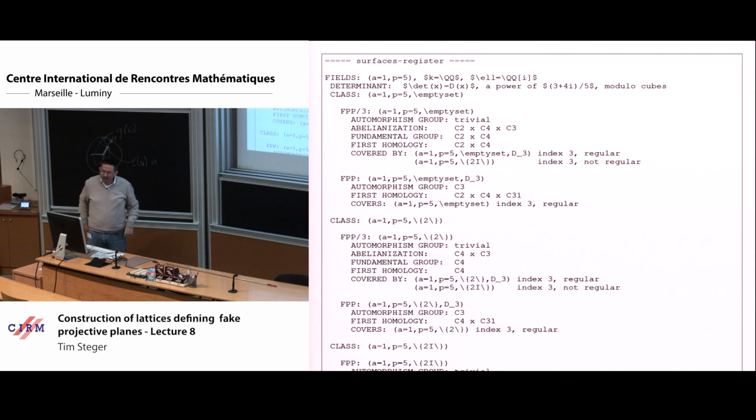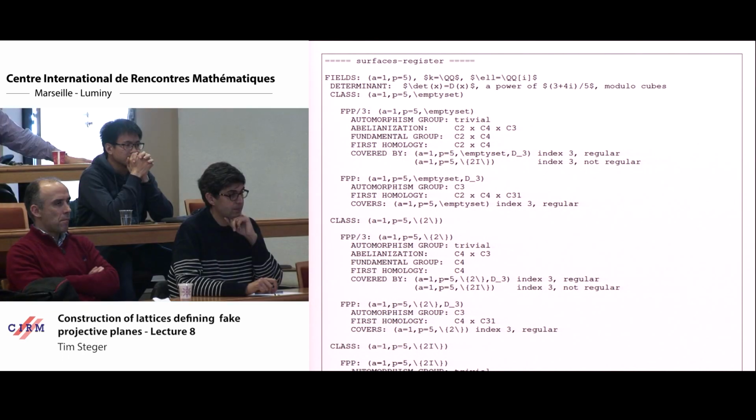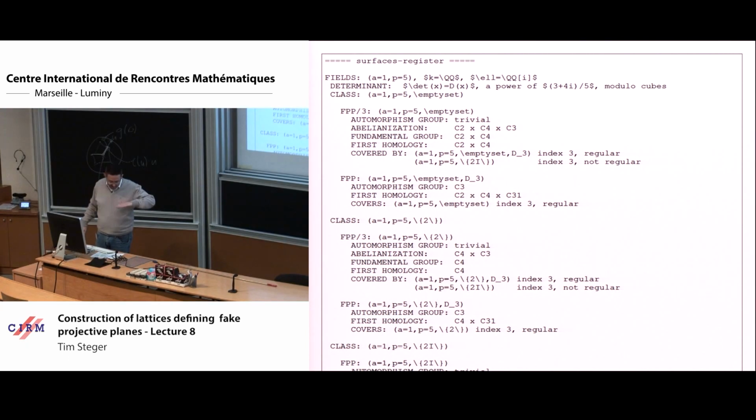So of course, there's the usual Galois correspondence: to a smaller group, you get a larger quotient, and the ones that we were most interested in were subgroups of the right index so as to give us a fake plane, but there are also slightly larger groups which give us surfaces which are covered by the fake planes, sometimes regularly, sometimes irregularly.